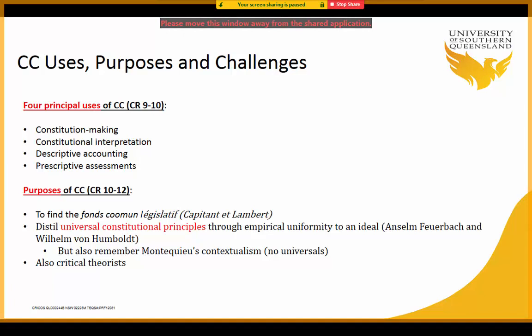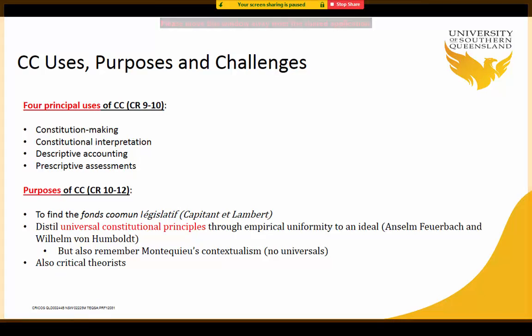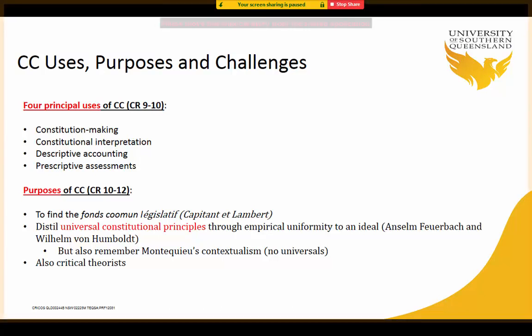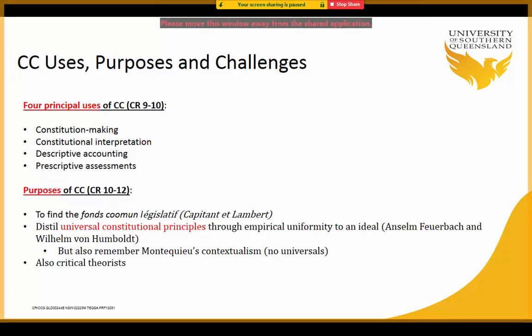Okay? Descriptive, prescriptive, or if you like, normative. The idea that this is what they are doing in the Netherlands. You know, look at their constitution, how it's done. Look at this, look at that.